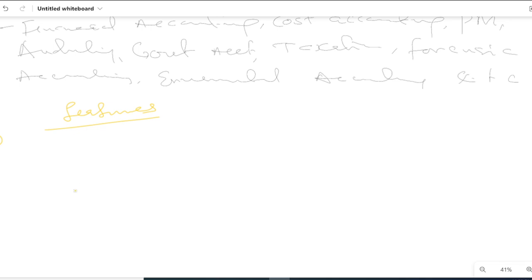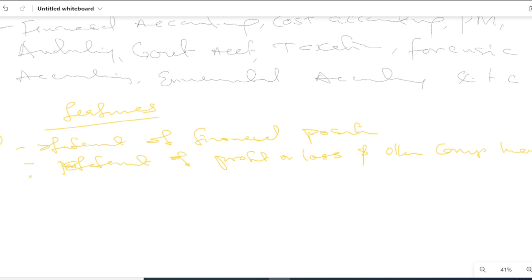First, we have statement of financial position. 2, we have statement of profit or loss and other comprehensive income. That is the number 2. Number 3, statement of cash flow.